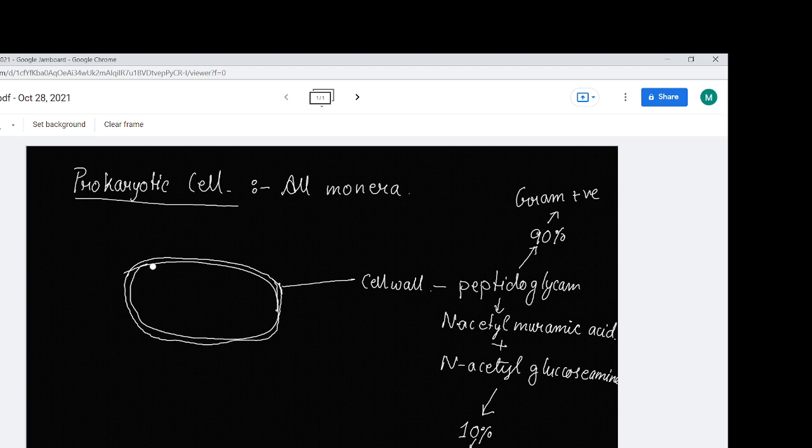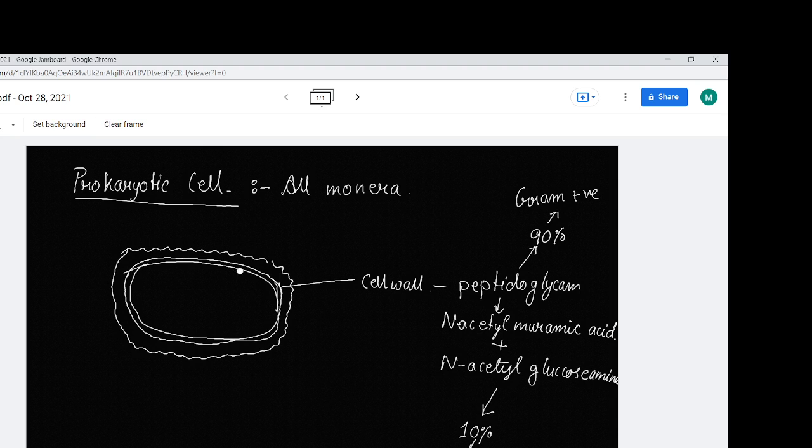Then outer to this cell wall, it is also observed that sometimes they will have a slimy layer around, or sometimes they will have a capsule. If it is a slimy layer, then it will be a more loose kind of structure, and if it is a capsule, it will be a little more rigid and hard structure.